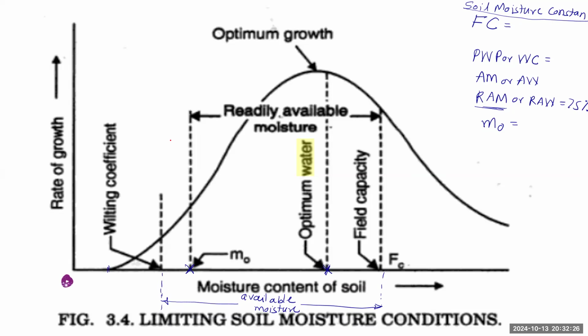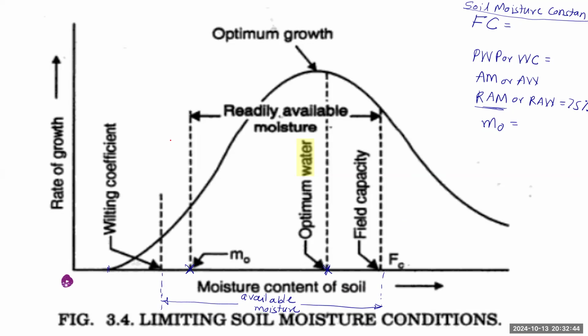So whatever we have discussed up till now, all the things are shown in this particular graph. So what is this graph? This graph is plotted between the moisture content of the soil versus the rate of growth of crop.